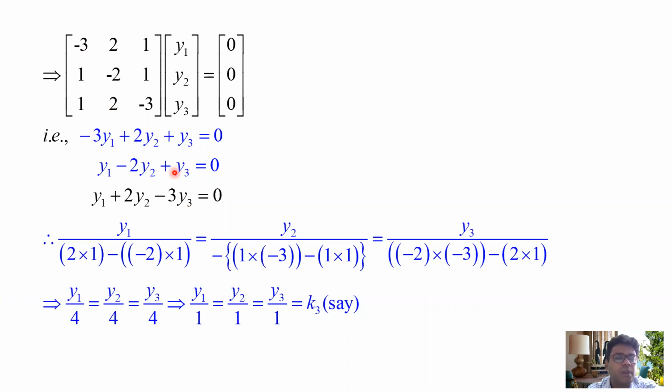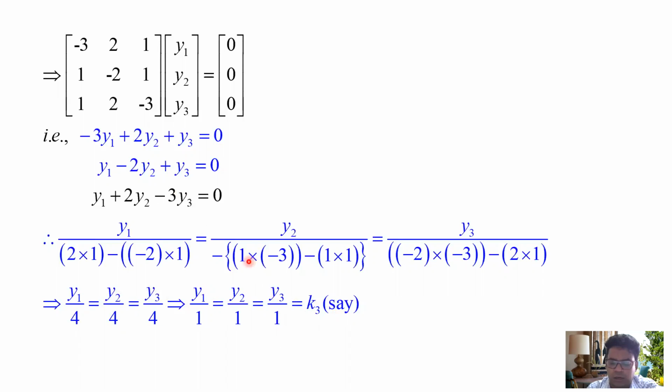And 1 into 1 is equal to y3, that is minus 3 into minus 2 minus of 1 into 2. So after simplification you have y1 by 4, y2 by 4, and y3 by 4. So 4 is common, so you can cancel it. Then y1 by 1, y2 by 1, y3 by 1, these are our ratios. You may consider k3. So y1 is equal to k3, y2 is equal to k3, y3 is equal to k3.